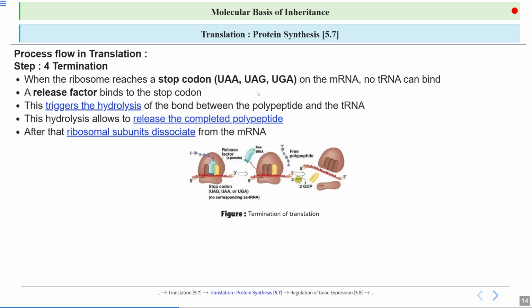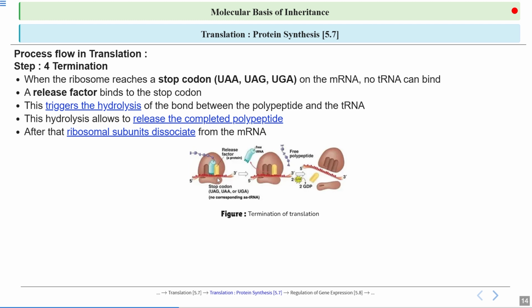So technically, what happened in this last step after the elongation? The ribosome reaches a stop codon, and now translation has to stop because there is no tRNA. No tRNA can bind to the mRNA. So now what will happen? You can see here in the figure, a release factor, a protein, binds to the stop codon.